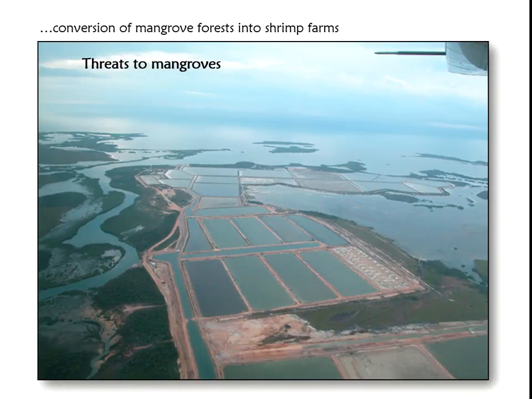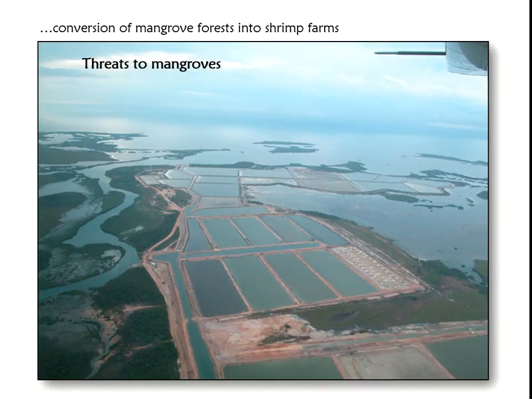So the ball was rolling, and they did it. And this is now sort of the standard operating procedure with these impoundments. They're still out there. They're still functioning. They're still being managed. Some of them have been turned into state parks. But there are a lot of impoundments that are still operating as impoundments, but there's water flowing through them. They've got healthy mangroves. They've got fish. There are big fish coming in, little fish living in there.